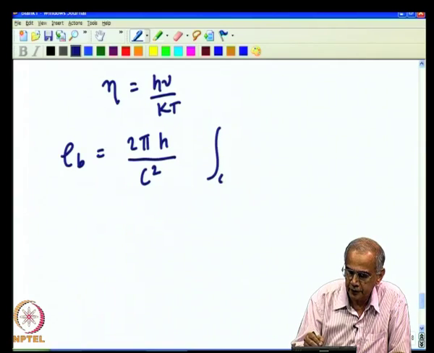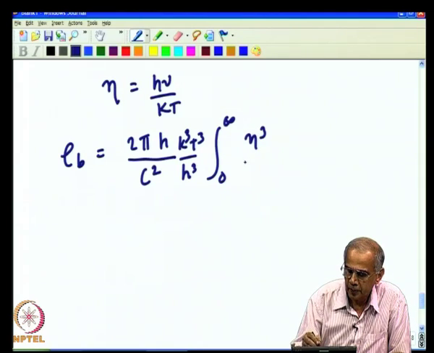You have 0 to infinity, and you multiply up and down by k cubed T cubed by h cubed to get eta cubed over e to the power eta minus 1.